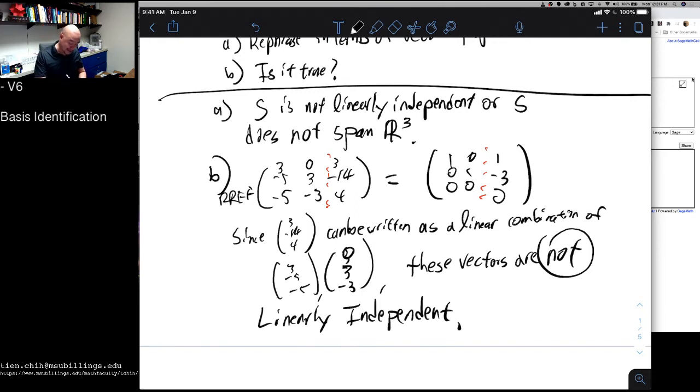If we look back at our claim, which is that S is not linearly independent or S does not span R3, that by itself will be good enough to say that this is not a basis, because a basis needs to satisfy both of these criteria. So we could be done, but I'm going to walk through spanning just so that we see how to do that as well.